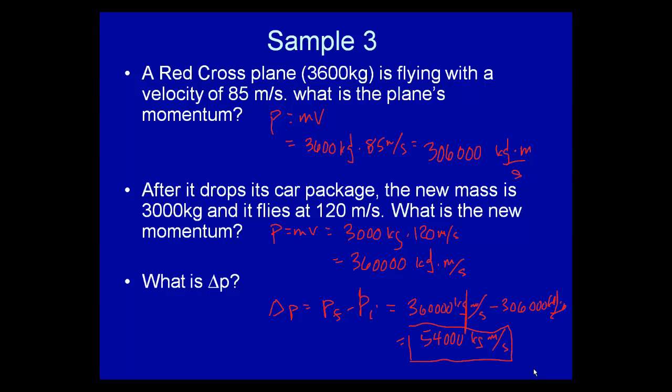That's the change in momentum. So it actually sped up after it dropped the package. And you can think of other cases where that would happen. If you're walking with your little brother sitting on your shoulders and he jumps off, you can pick up quite a bit of speed, so your momentum could actually increase.